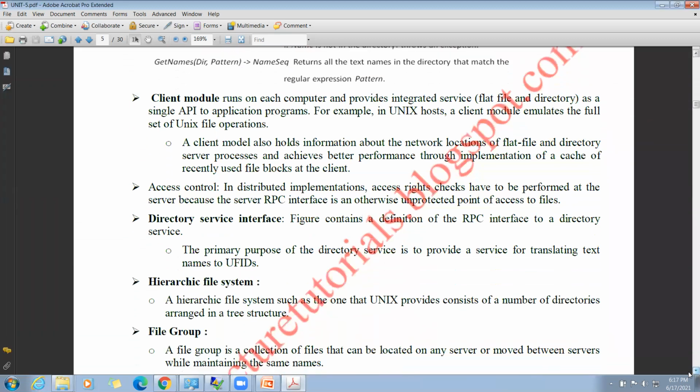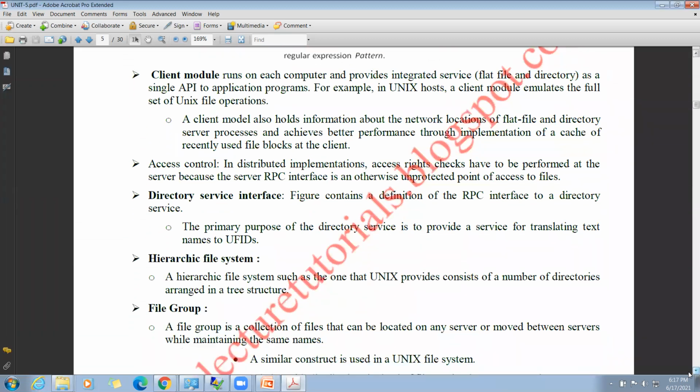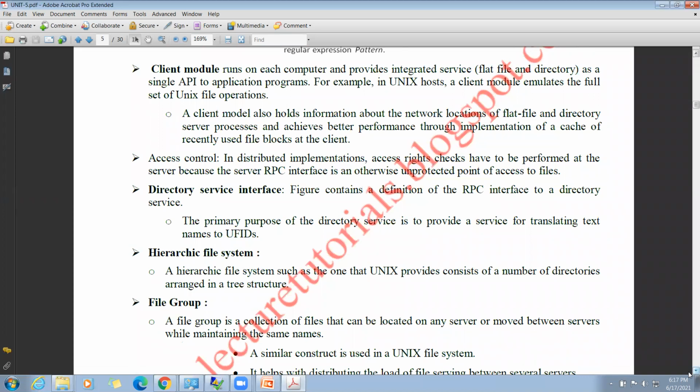And what does the client module consist of? Here, the client module runs on each computer and provides the integrated service. The integrated service is nothing but flat file and directory. In the server machine, we have two services, that is flat file service and directory service.